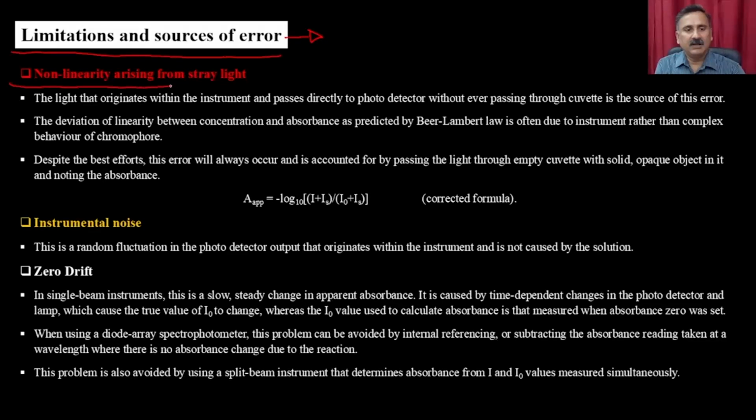One is the non-linearity arising from stray light. The light that originates from the instrument and passes directly to the photodetector without even passing through the cuvette is the source of this error. Remember that you have a bulb, and from the bulb you have a filter, a prism, then a slit, and then a cuvette.